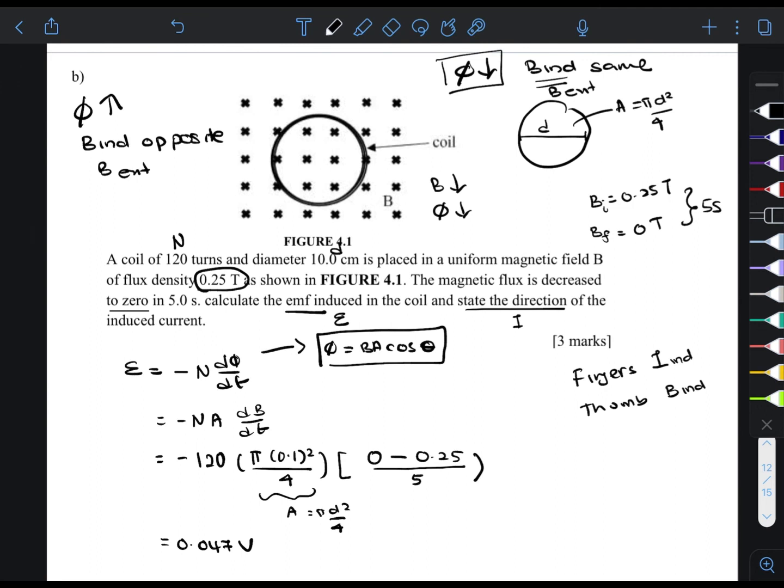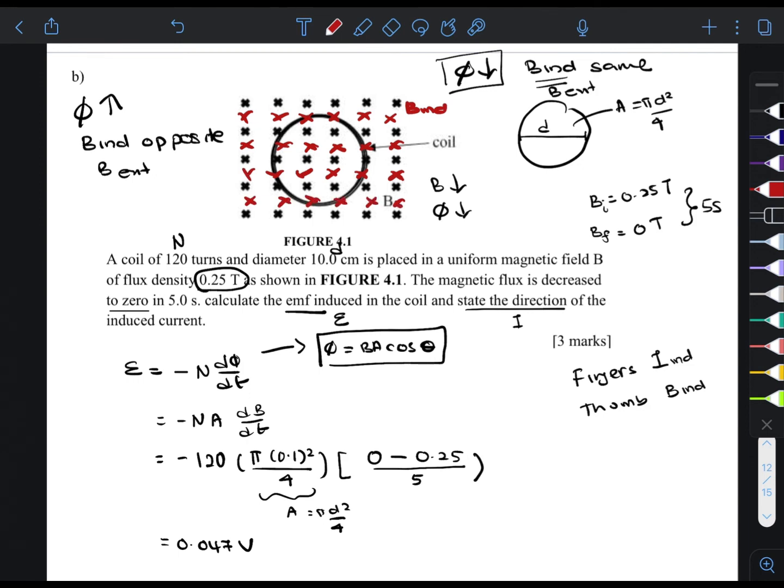So B external here in the question given is the crosses. The cross here indicates B is into the page. So you have your B external into the page. Now we will induce B in the same direction as B external, which is into the page. So your B induced is also a cross here, into the page.